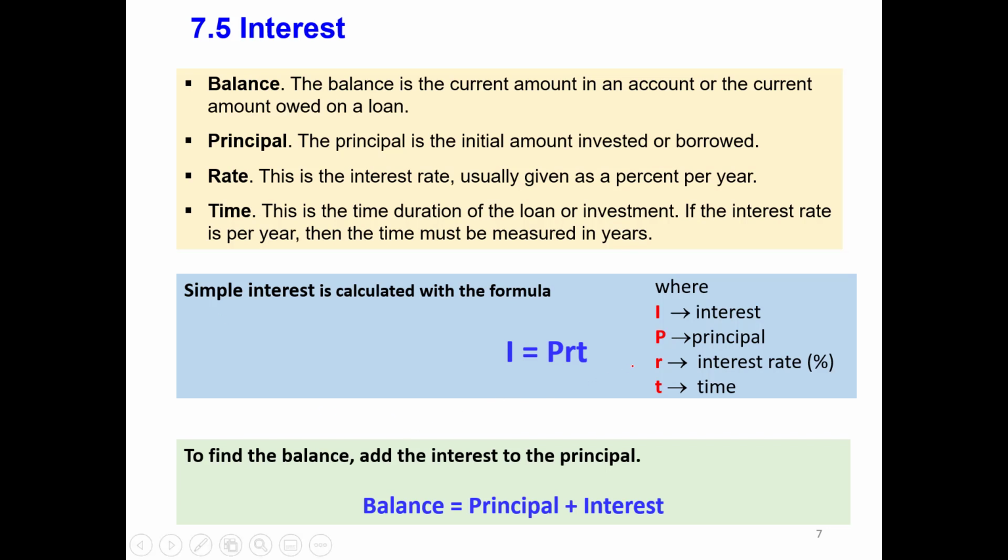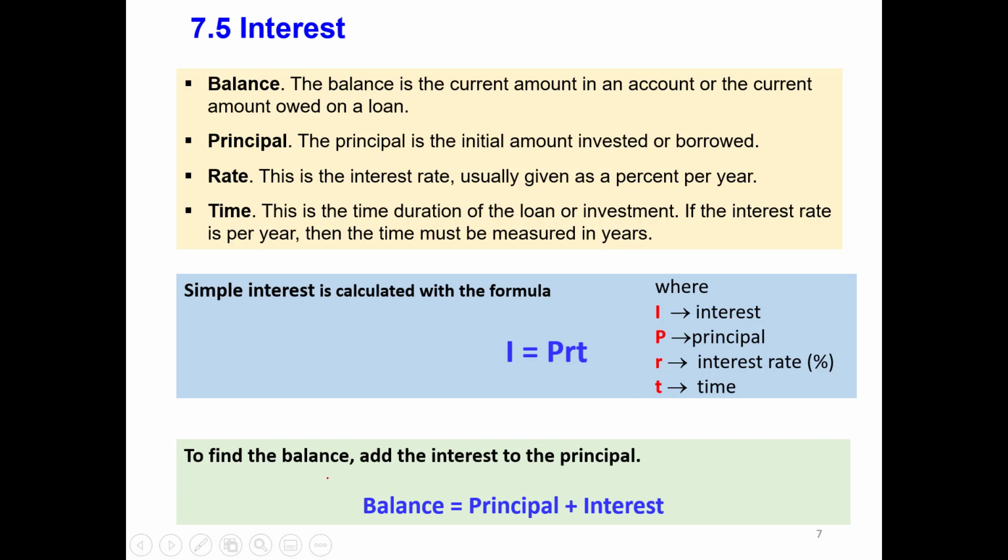This is the equation we will use to calculate the simple interest: I is the interest, equals P, the principal, times R, the interest rate, which we say will be a %, times T, the time. Again, rate and time must be in the same units, and usually we will use years in this course.